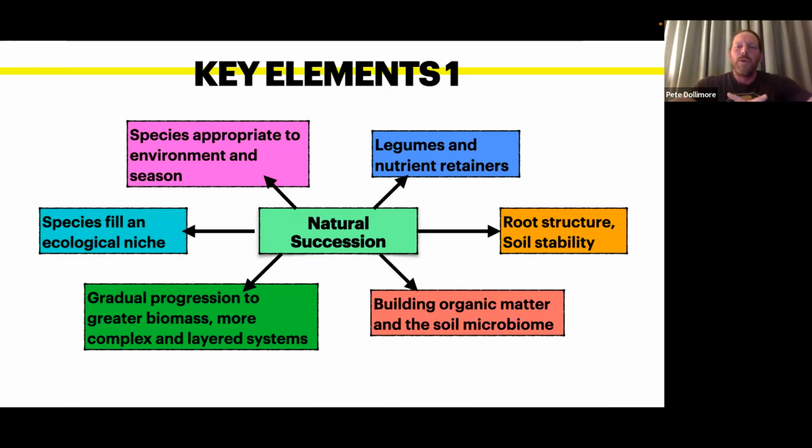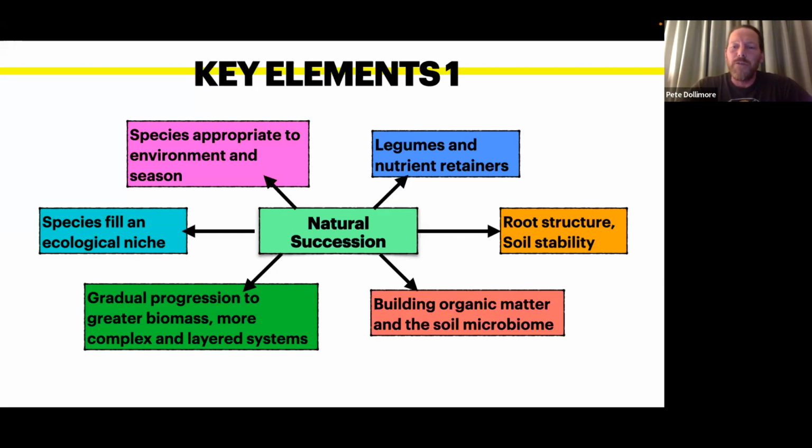So if I would divide it, I know it's maybe controversial dividing things into nature and human, but it's for the sake of clarity. I'm going to look at some key elements around natural succession. And what you would find in nature is that legumes and crops that retain nutrients in the soil or in their biomass are an important part of recovering from a catastrophic event.